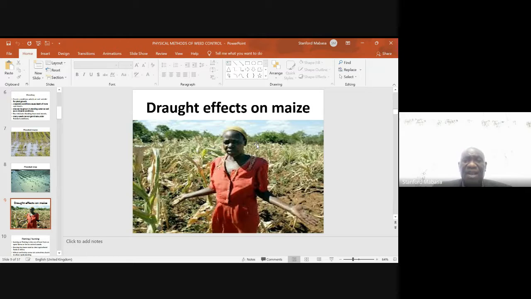In Zimbabwe, actually, we cannot afford the flooding. We need water to irrigate our crops. You can see we have problems of droughts.